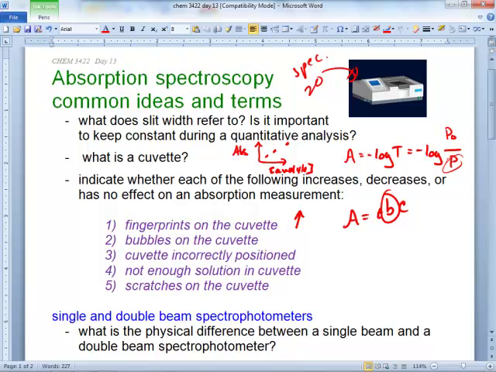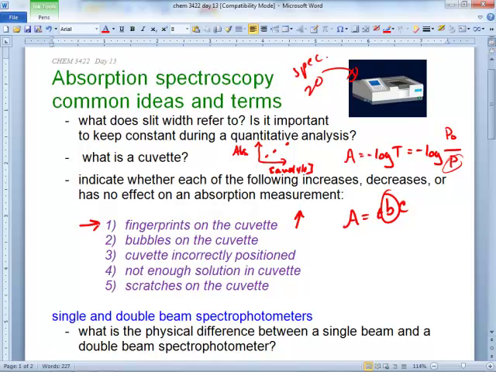Trick question. Let's go back to fingerprints on a cuvette. All of a sudden you grab the cuvette, put your fingerprints on it, and put it in there. What if that cuvette had fingerprints on it from the very first second you went in lab? You're holding it correctly, but there's a big bloody fingerprint on there. Would that affect your absorbance measurement?